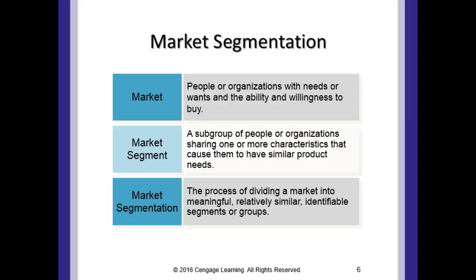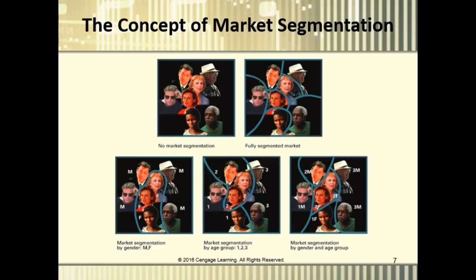Market segmentation is just the process of breaking them up into those smaller groups. This is just a visual for you to be able to see the concept of market segmentation using age and gender primarily as the basis for the segmentation.